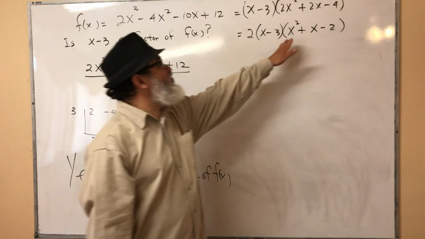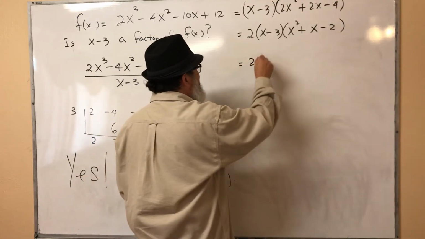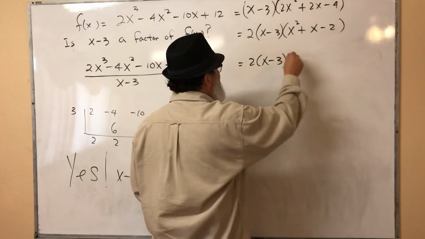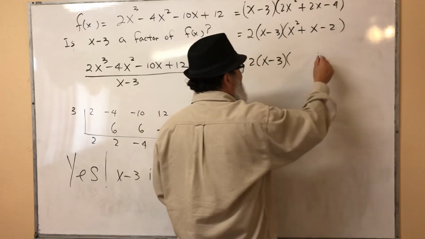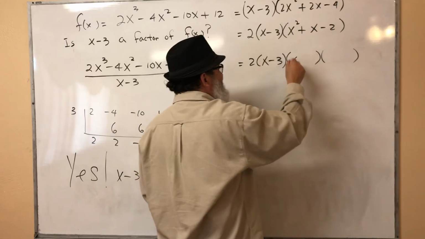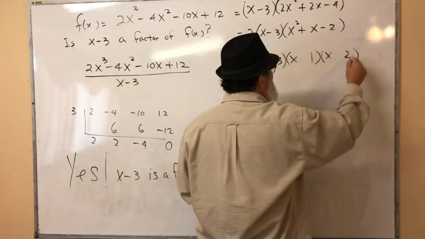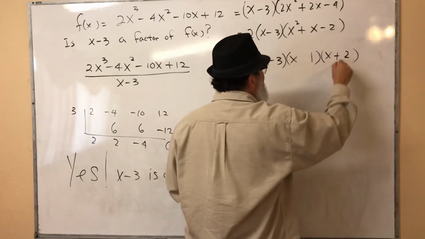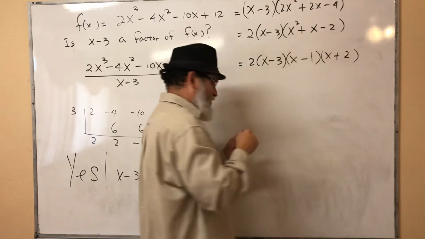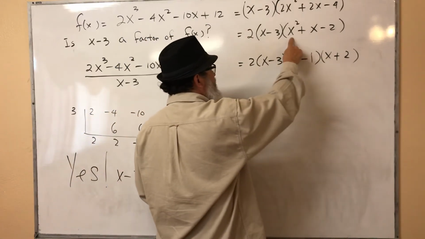Wait a minute, we can still factor this further. And this equals 2 times x minus 3 times, can we factor this? That's x times x. What is this? That's 1 times 2. Make this plus and make this minus. And let's check. x times x is x squared.